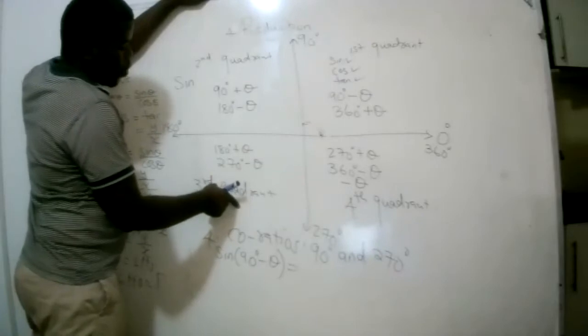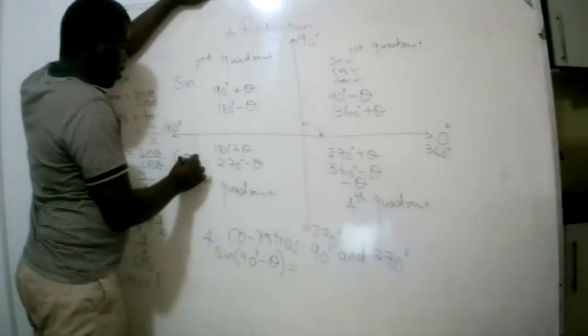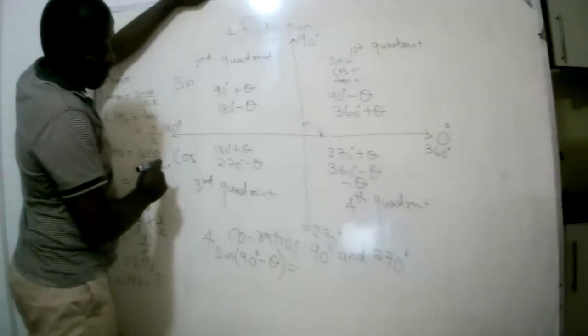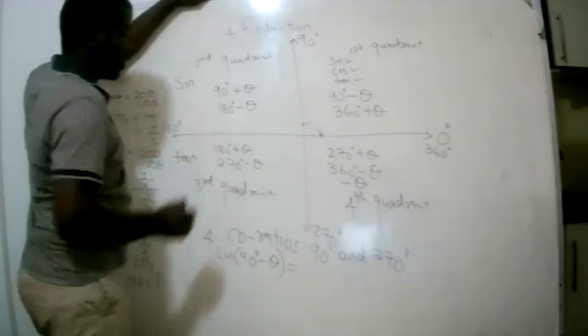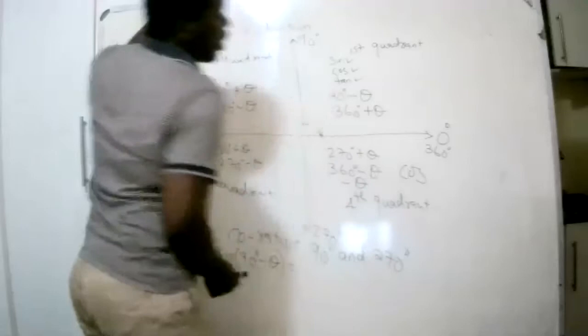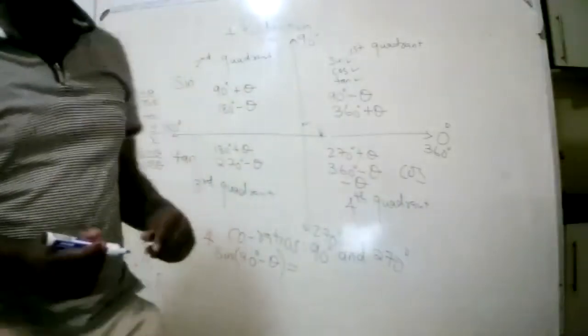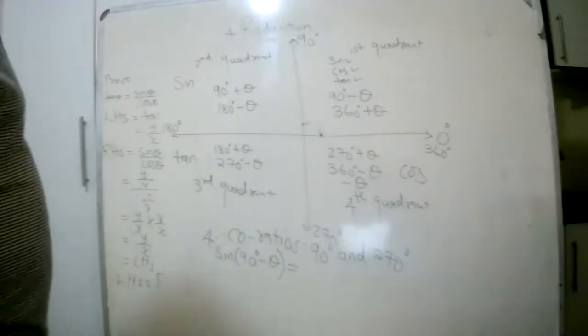And then on the third quadrant, it's only tan which is positive. And then on the last quadrant, which is the fourth quadrant, we only have cos that is positive. I will explain that in detail so that you understand what I mean.